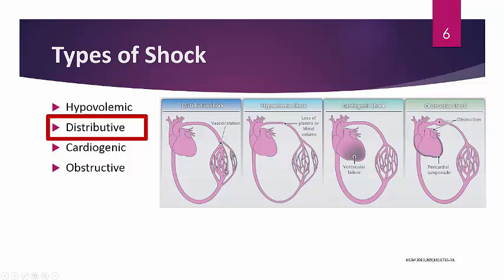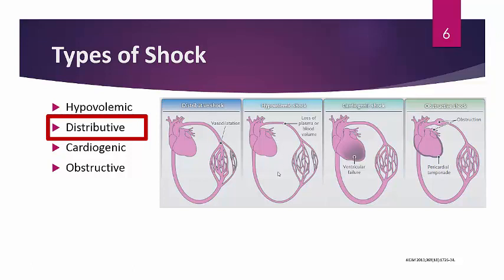I used to have a preceptor who would say whenever we were treating shock, he would always ask the question, is it a volume problem, is it a pump problem, or a vascular tone problem? So, in terms of hypovolemic shock, we talked about volume being the problem, and we appropriately fluid resuscitated those patients that we discussed.